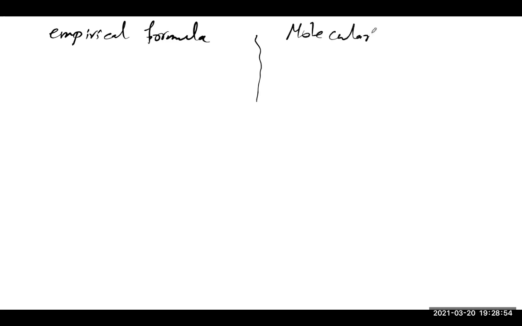Okay, so what we also need to know about stoichiometry in Tahsili is to differentiate between the empirical formula and the molecular formula. So what is the difference between both of them?